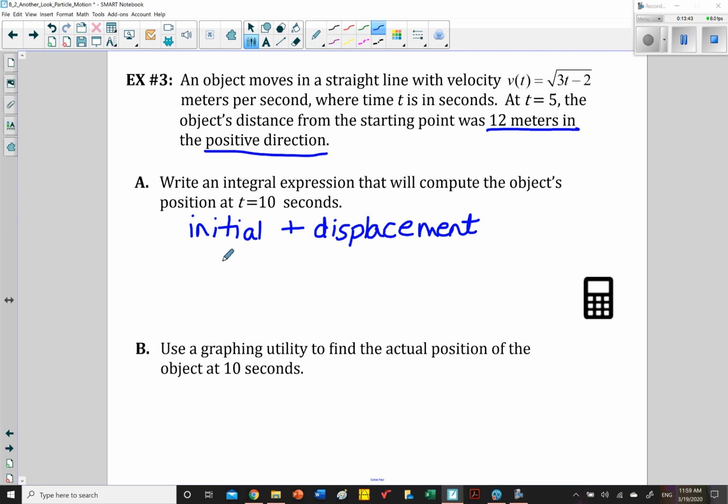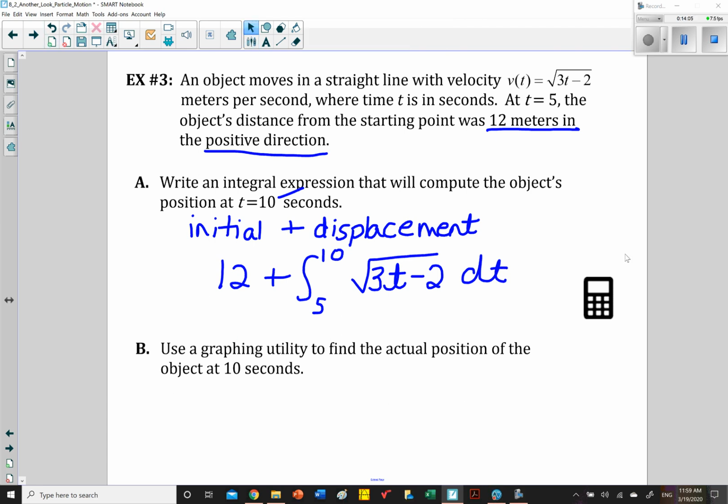So initial is 12, and displacement goes from 5 to 10. Here's our 10. From 5 to 10 of radical 3t minus 2 dt.